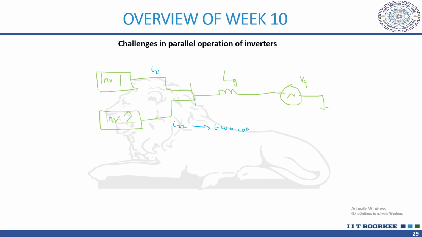One is called the interactive component, which only flows between these inverters, not going to the grid side. The other is the common current component, which flows to the grid side. So this is the common current.